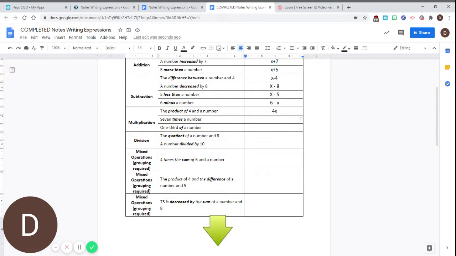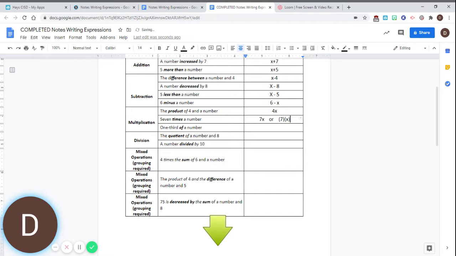Another way you know you have multiplication is when you have 7 times a number. Again, multiply. Another way you might see it is with parentheses.